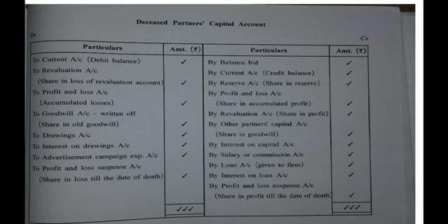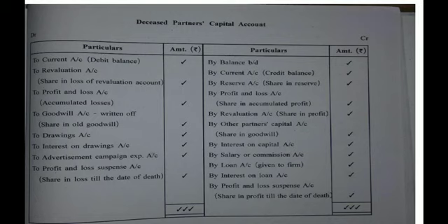So the partner who is going to pay, his name is to be mentioned on credit side of deceased partner's capital account. Then by interest on capital account, of course the interest on capital is given by the firm to the retiring partner or to the deceased partner, and which is to be credited in deceased partner's capital account. Then by salary or commission, by loan, this is the amount of loan given by deceased partner to the firm.